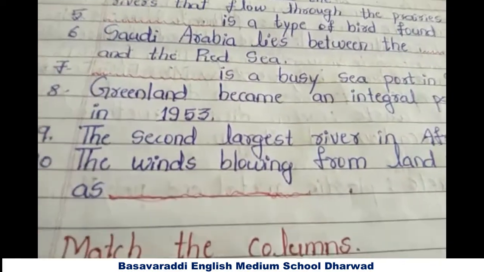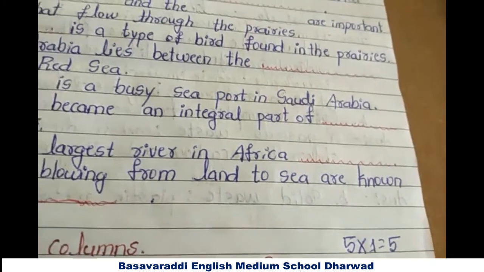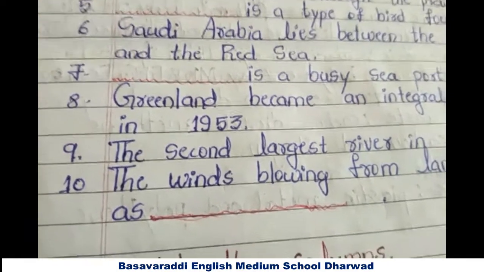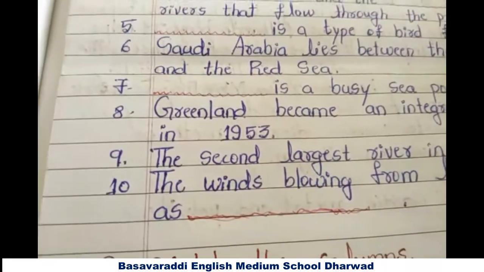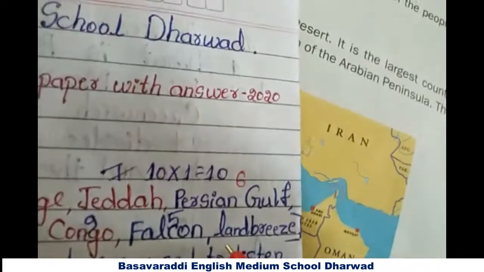The winds blowing from land to sea are known as, the wind blowing from land to sea. What is the answer? Land breeze.